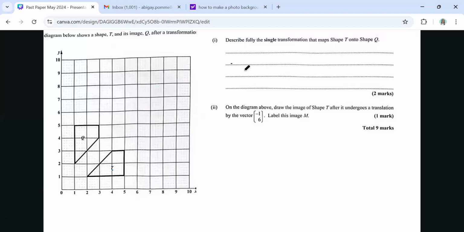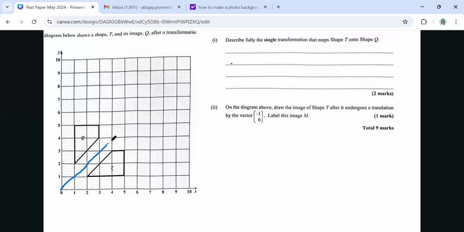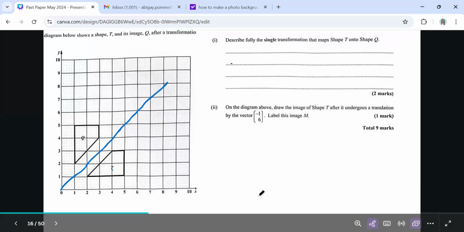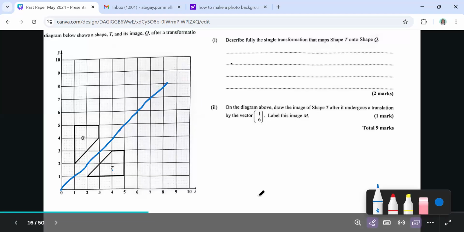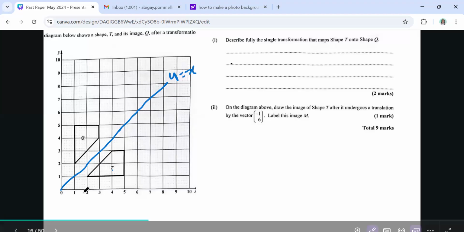so we need to identify the mirror line. And the mirror line looks like it's from right here, right? And what kind of line is this part? It will be y equal x. Because it's mapping on to each other.